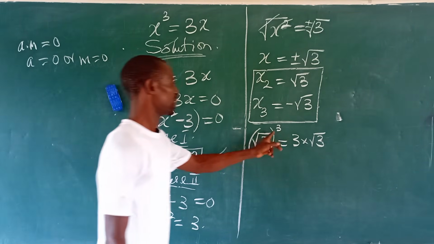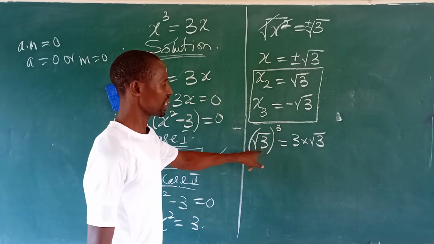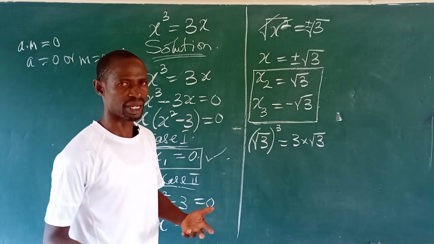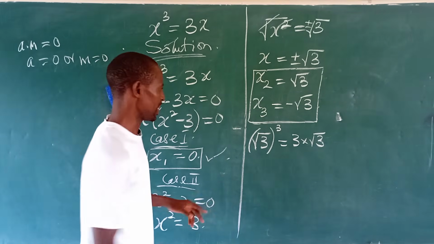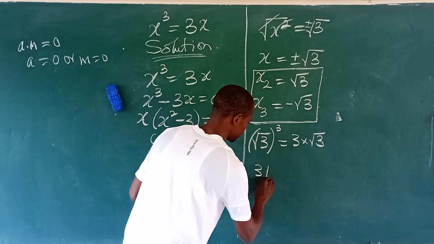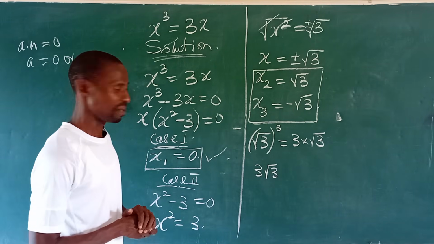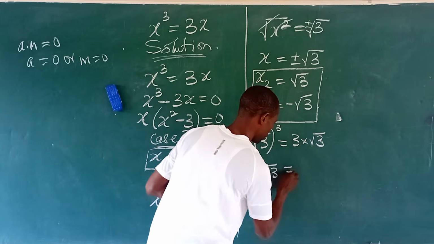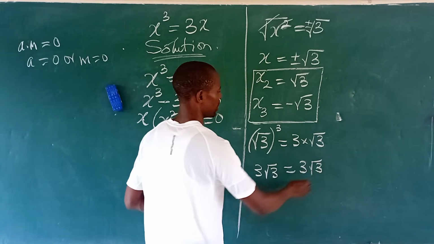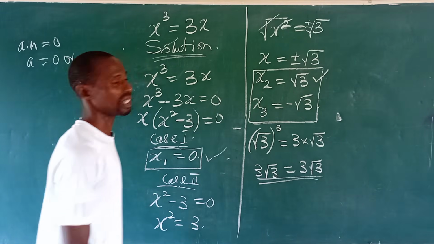If we open this up, it means root 3 times root 3 times another root 3. Root 3 times root 3 will give us what? 3. And so we're going to have 3 root 3. Simple. This equals 3 root 3. So it shows that this root also satisfies the original equation.